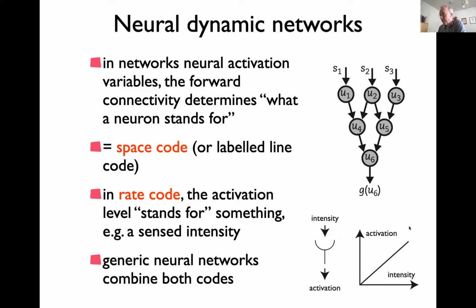It's typically not a linear, but a monotonic function. So higher intensity could under some circumstances lead to higher activation. Actually, photoreceptors are the other way around. It's monotonically negative, that works just as well. And that's a code in the sense that there's an invertible function from intensity to activation. So if you know activation, you can estimate what the intensity must have been.